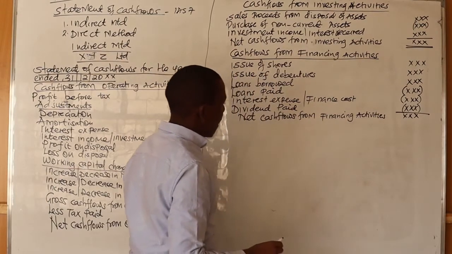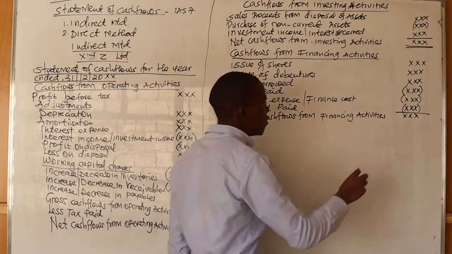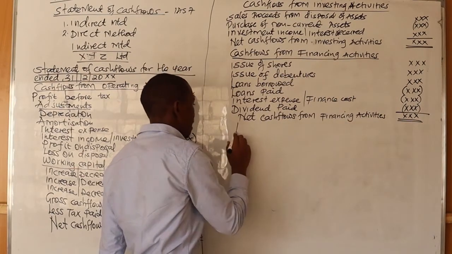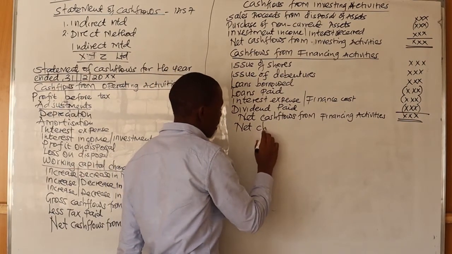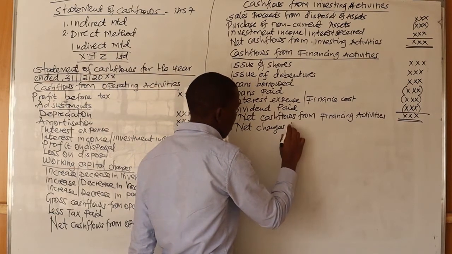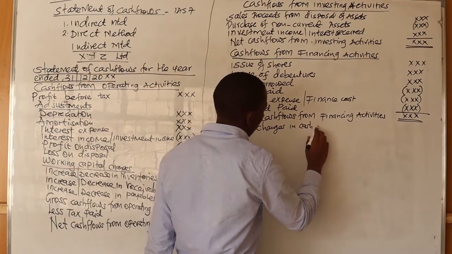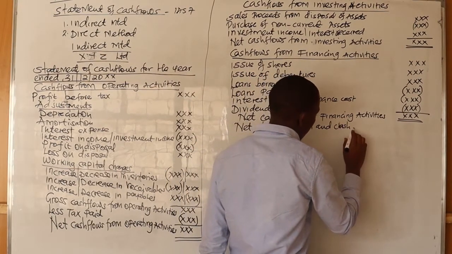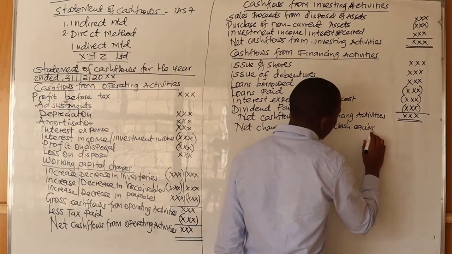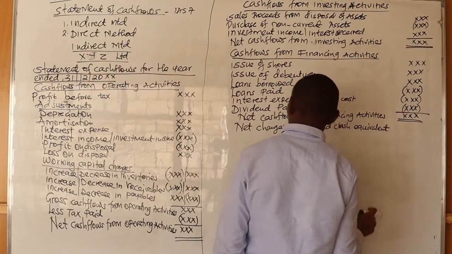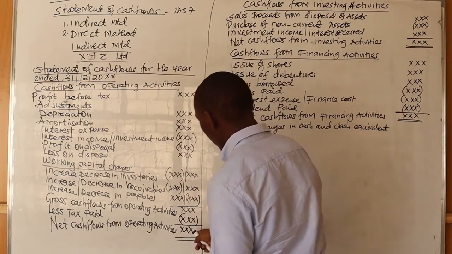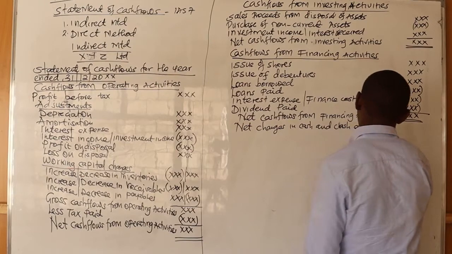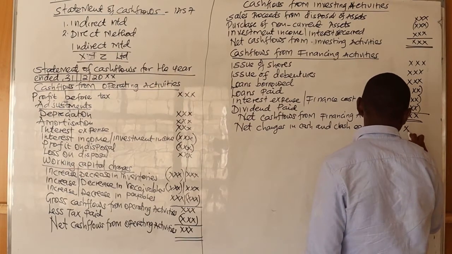Now, after you get that, you will also be able to get the net changes in cash and cash equivalent. For the net changes in cash and cash equivalent, you just take the net cash flows from operating, you add the net cash flows from investing and net cash flows from financing.